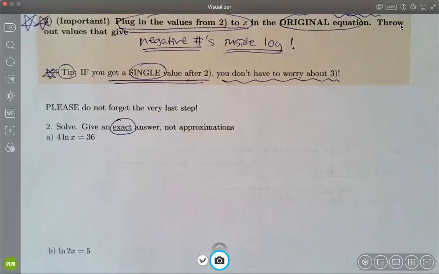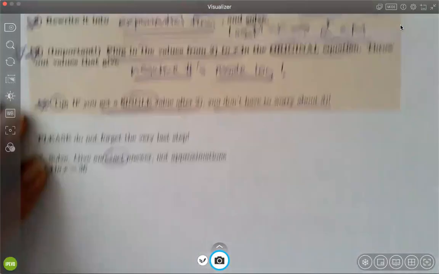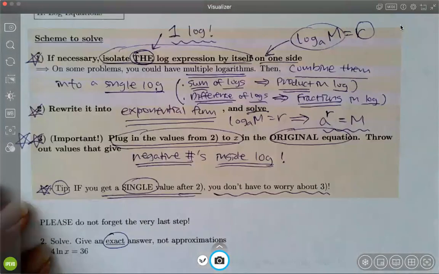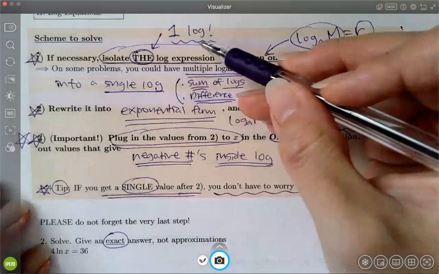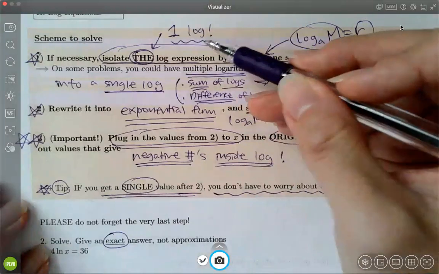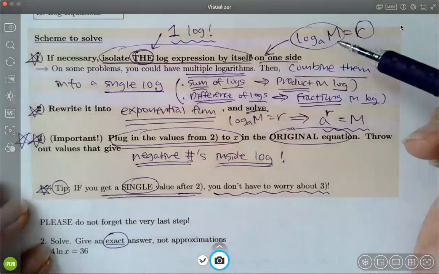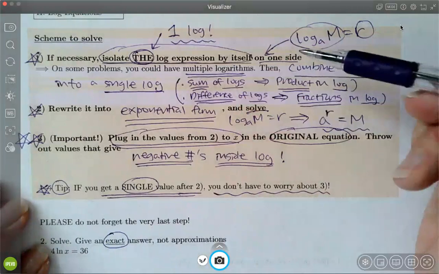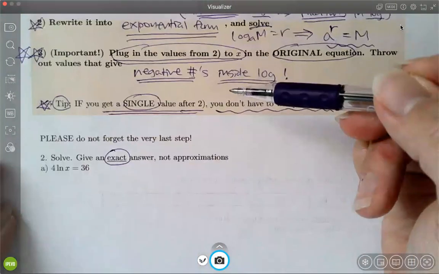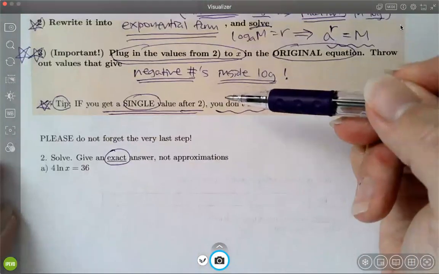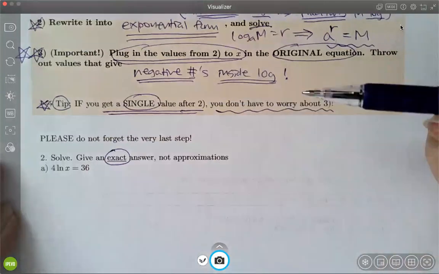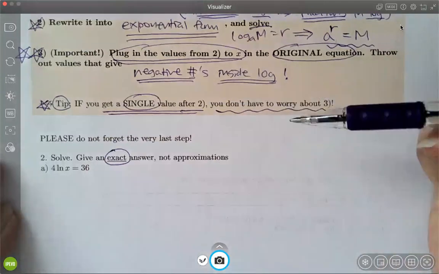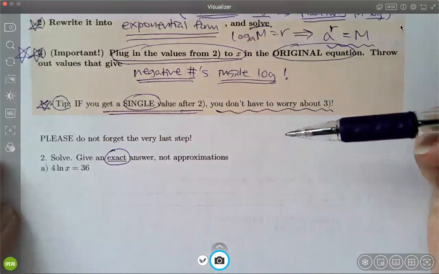Okay, so now, first one, step number 1. Do we have just one logarithm on one side? Yeah. Is it isolated? 4 ln x. Is it isolated? No, not quite. Because of what? 4 in front, right? Okay.